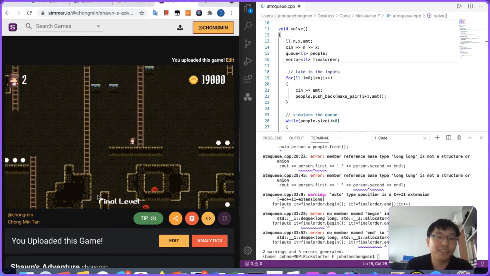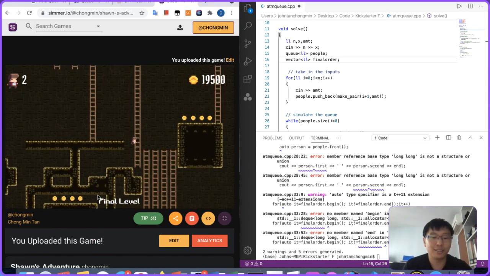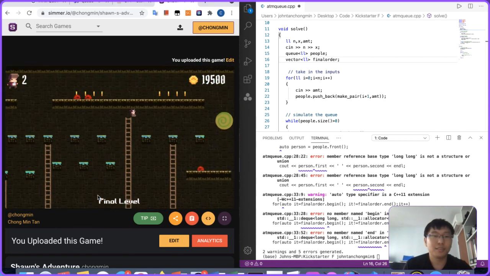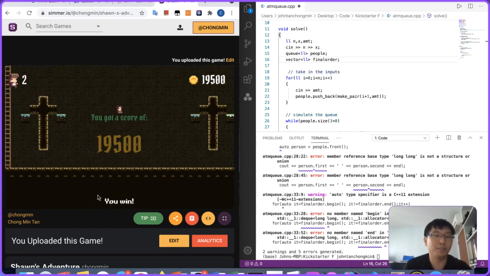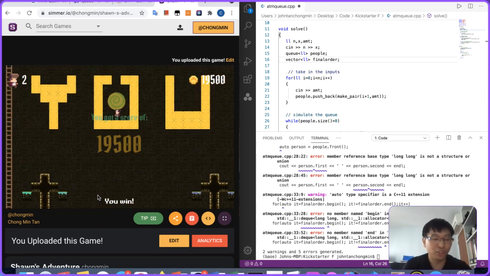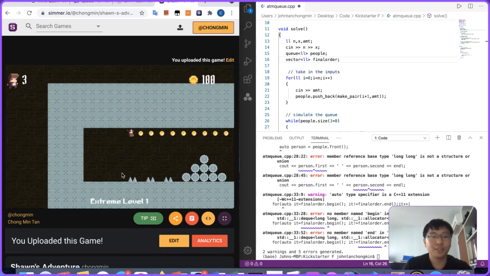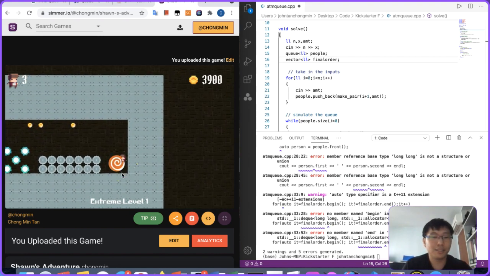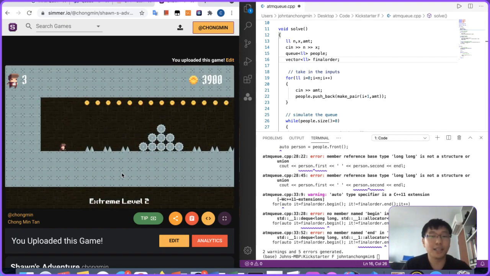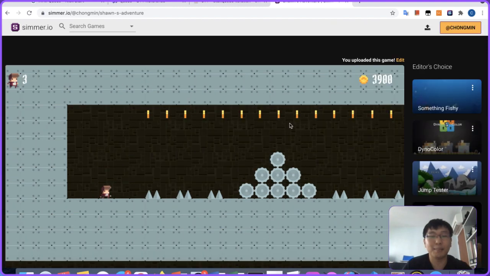The graphics are just a rip-off. I didn't create them, I just took some free assets. If you complete this place, you have this extreme mode that you can go upside down and you can teleport. It becomes harder and harder. Anyway, I think I can complete this entire game in like 10 minutes.